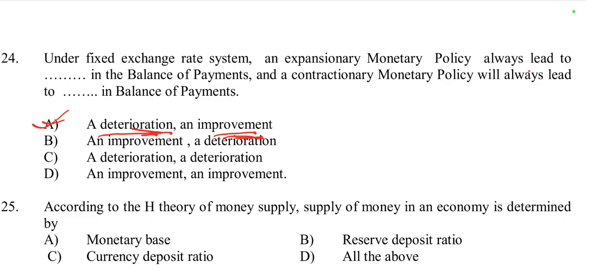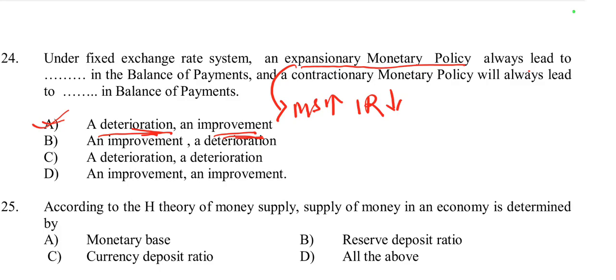Because the first phase is expansionary monetary policy. Expansionary monetary policy means when a central bank expands the money supply, it lowers interest rate. When money supply increases in the economy, it lowers interest rate, which can incentivize people to invest abroad.